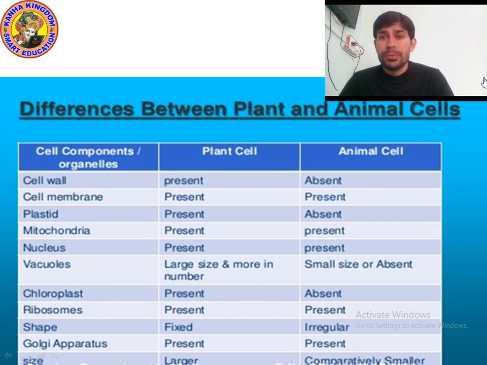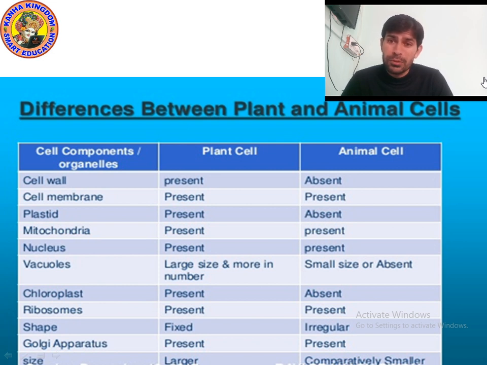Mitochondria is present in both cells. Nucleus is also present in both cells. If we talk about vacuoles, in plant cell vacuole is large or more in number, and in animal cell they are either small or absent. Chloroplast is present in plant cell and absent in animal cell. Ribosome is present in both cells.